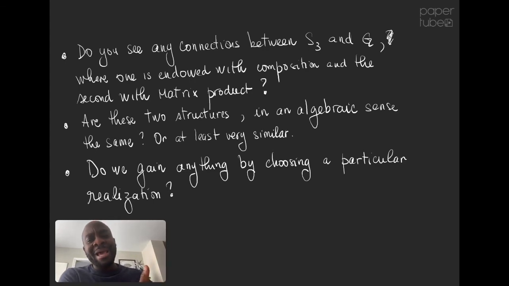How can we exactly know when two structures, which are seemingly in essence different because they consist of different elements and different operations, somehow have the same structure? So they are, in a sense, algebraically identical, or at least similar.